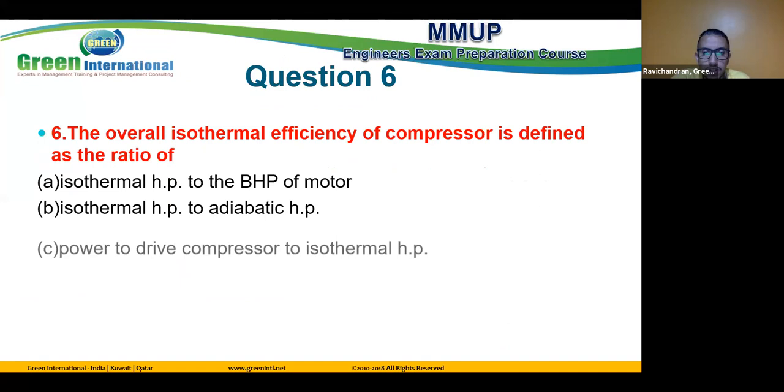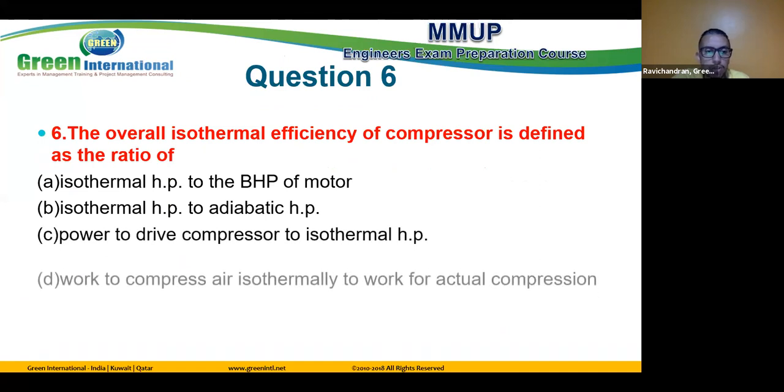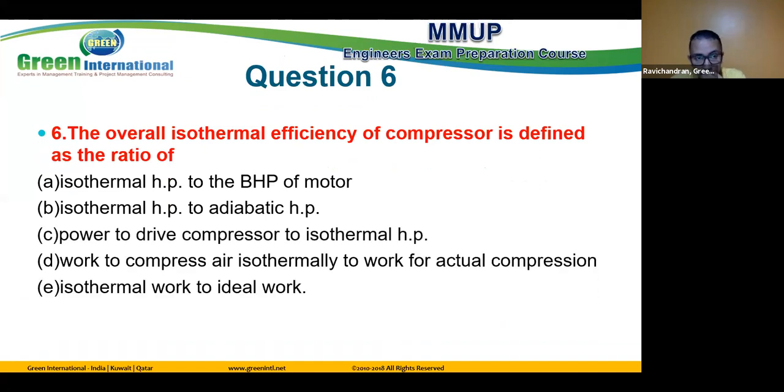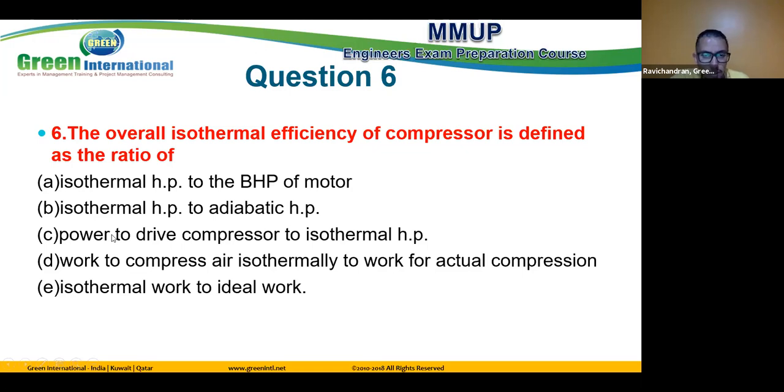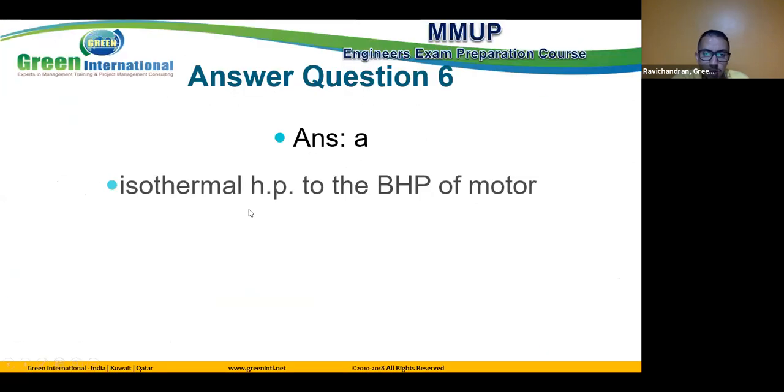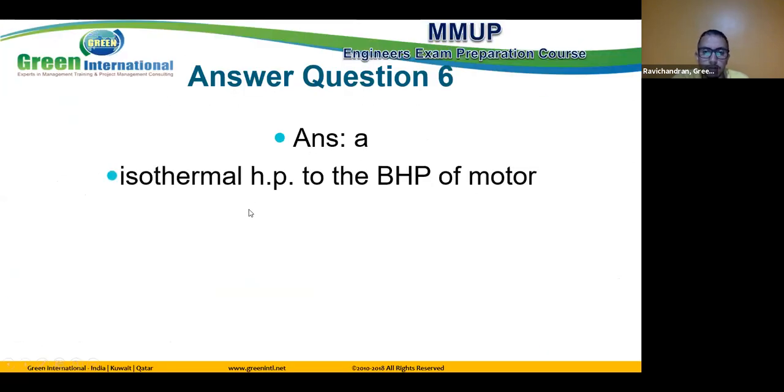Overall, isothermal efficiency of a compressor is defined as the ratio of... Isothermal efficiency is isothermal horsepower to brake horsepower. Okay?